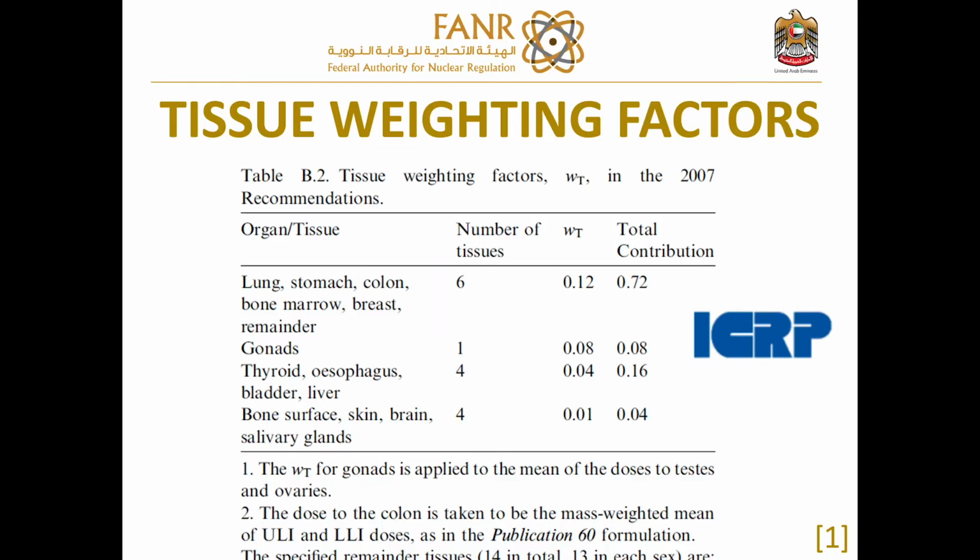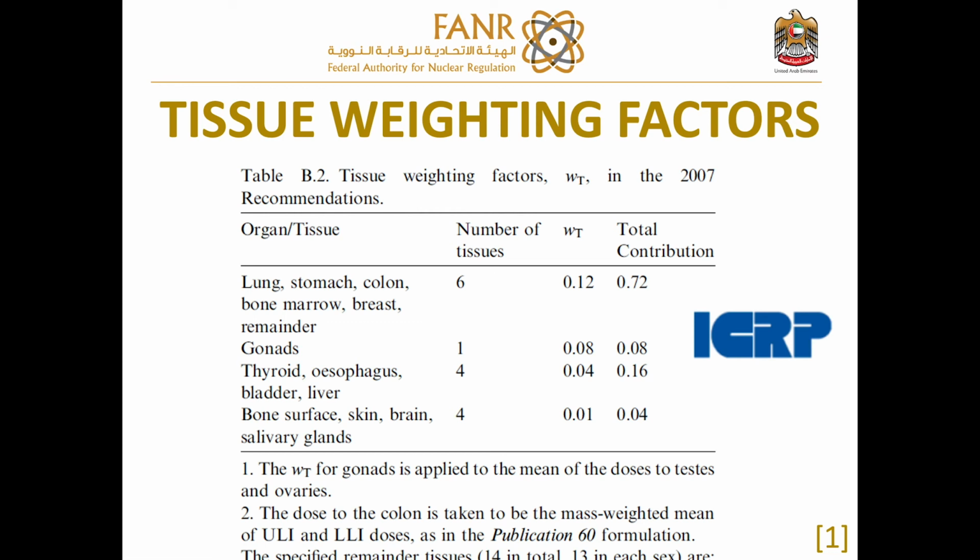Let's have a look at these weighting factors. These are the weighting factors that were introduced in the recommendation of the ICRP in 2007. And as you can see, several tissues, lung, stomach, colon, bone marrow, breast, are put together, 6 of them, each one having a weighting factor of 0.12, of 12%.